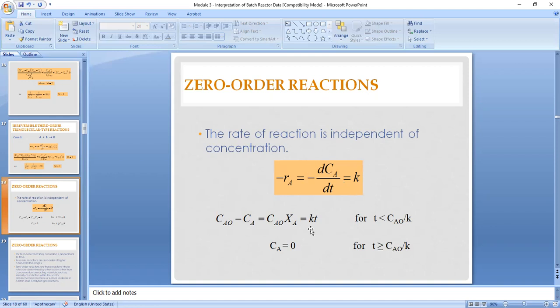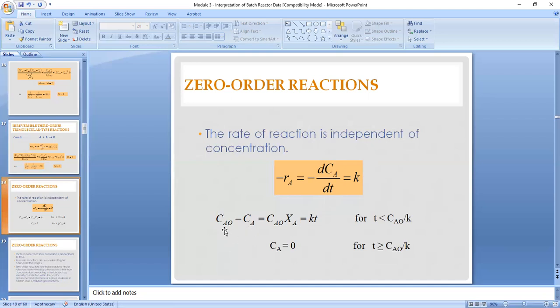This is very, very easy to evaluate because you simply have to separate variables and directly integrate the resulting equation. Separate the left side and the right side. If you do that, this will be your working equation. You can stick to the original DE and you will have CaO minus Ca equated to Kt.